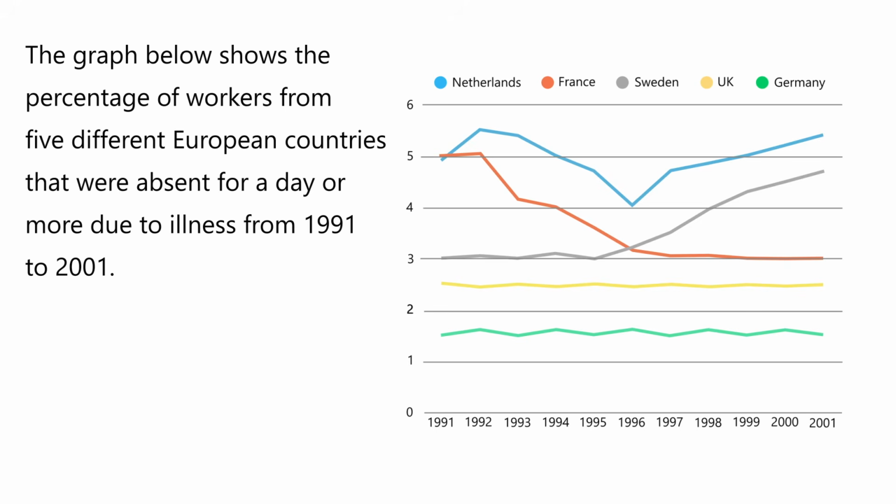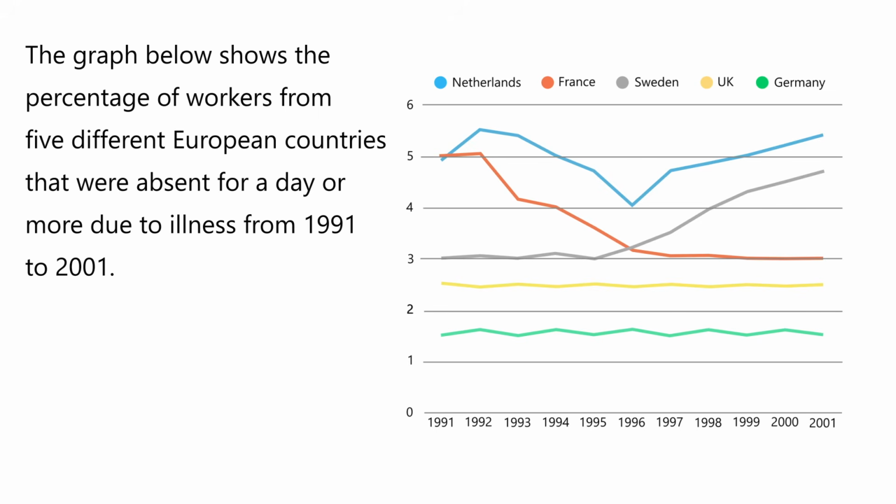The graph below shows the percentage of workers from 5 different European countries that were absent for a day or more due to illness from 1991 to 2001. So it's a period of 10 years, right? And it is a day of sick leave in 5 different countries.